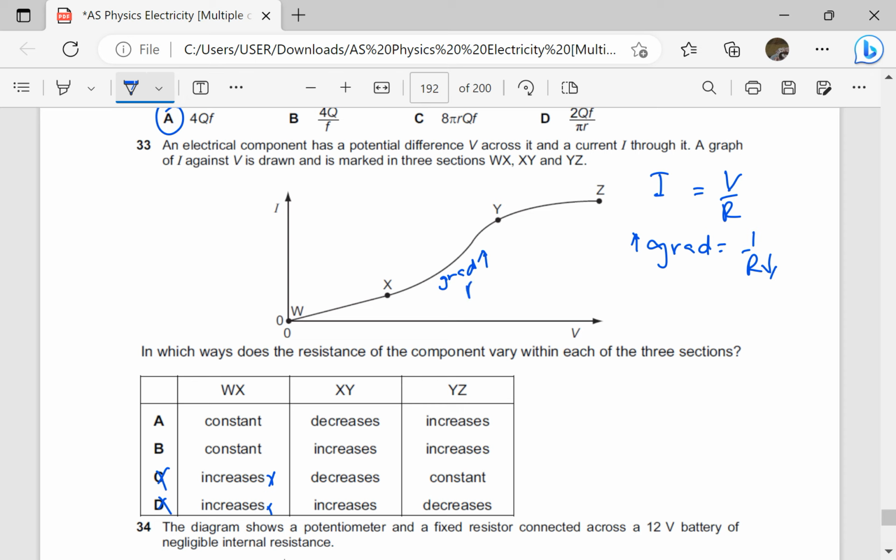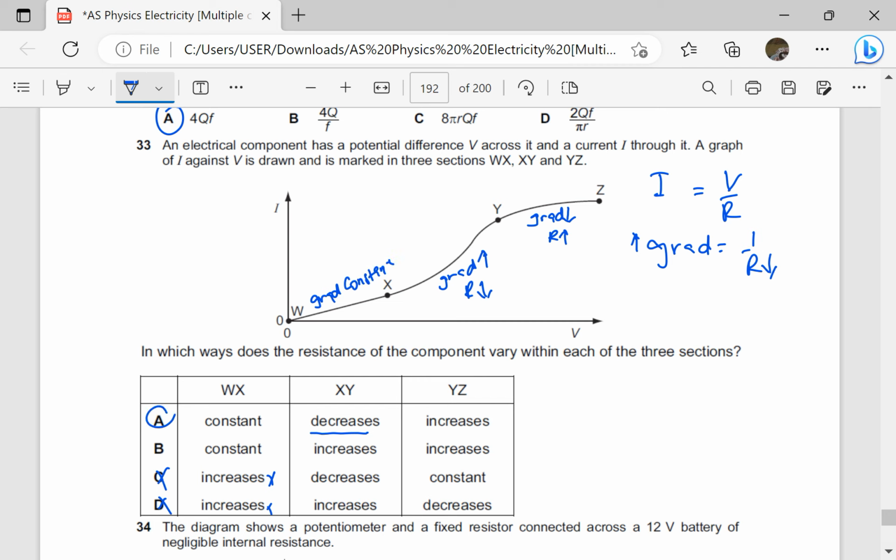So XY, resistance decreases. Then YZ, the gradient is decreasing, which means resistance increases. So YZ resistance increases.